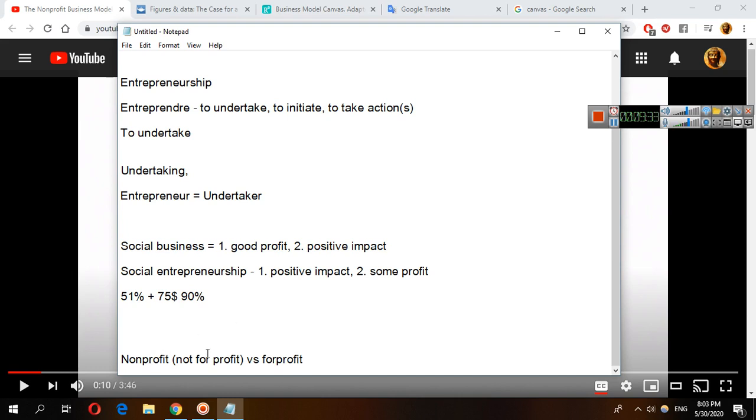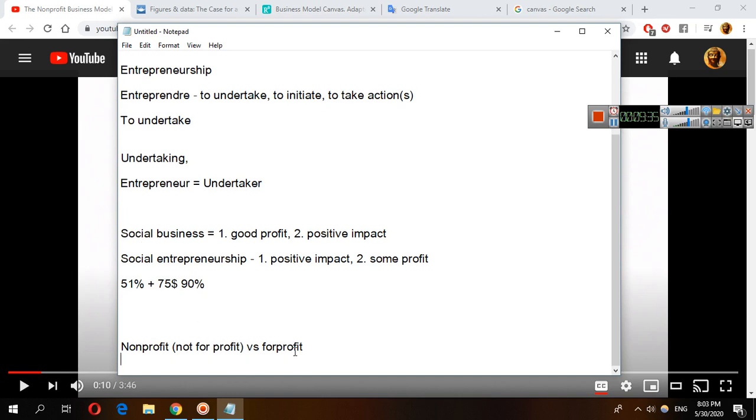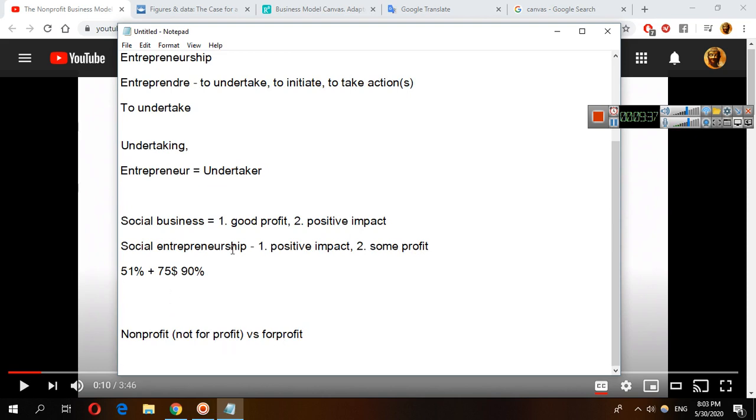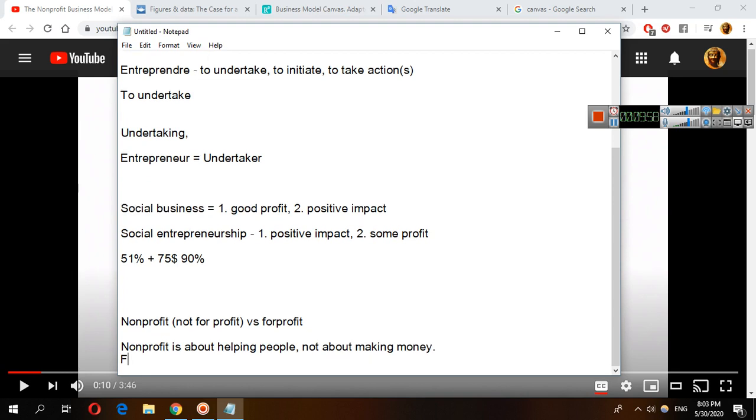Non-profit simply means you work, it's close to social entrepreneurship. Your aim is not to make profit, it's not about money. Non-profit is about helping people, not about making money.